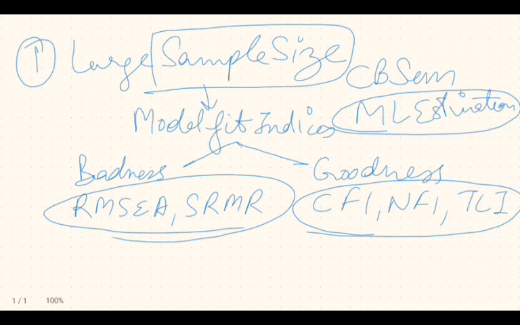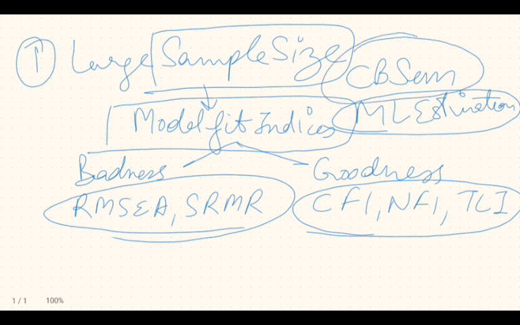In case the sample size is small, there are problems in arriving at good model fit indices. You cannot go ahead with the analysis because your model fit indices indicate that your model does not fit the data adequately. So when you have a large sample size, you can easily go with covariance based structural equation modeling.